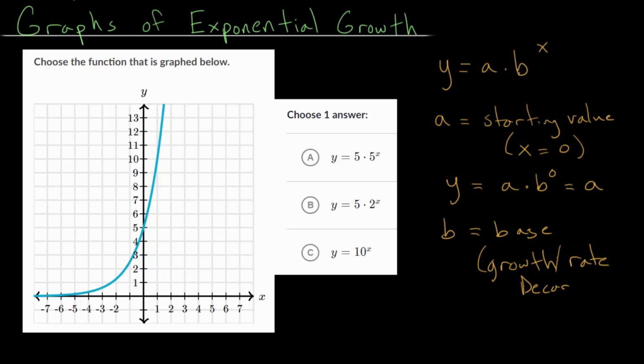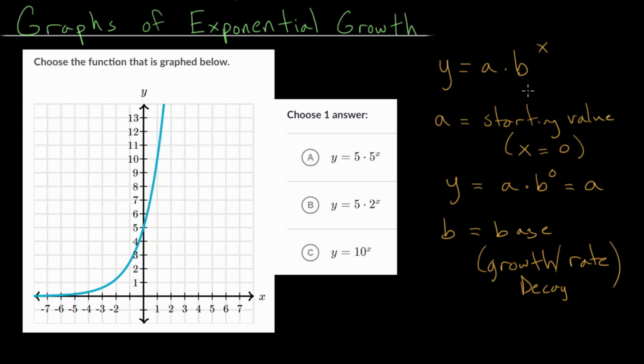It depends what b is, but it could be either growing or it could also be decreasing. And in that case, b will be a fraction or the exponent will be negative. But we'll come to that in a later video. But usually we call this the base of the exponential function.